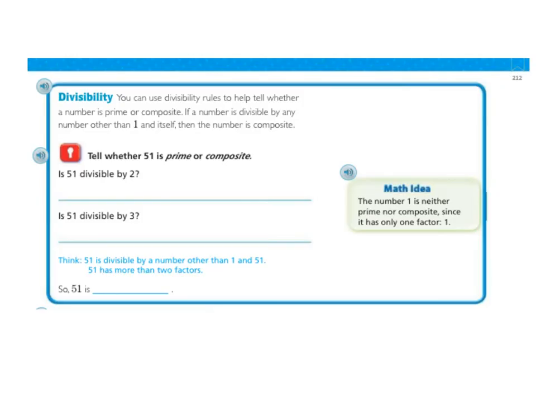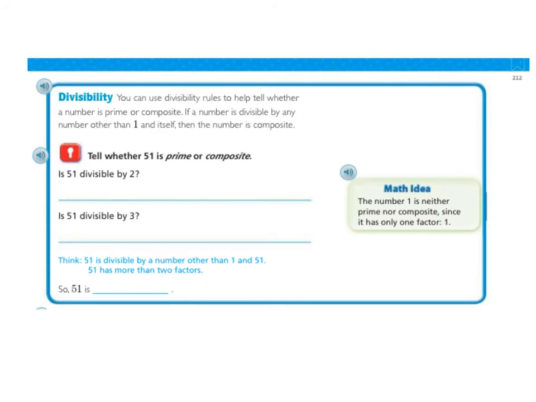Okay, let's look at another example problem here. It says divisibility. You can use divisibility rules to help tell whether a number is prime or composite. If a number is divisible by any number other than 1 and itself, then the number is composite. So it says tell whether 51 is prime or composite.